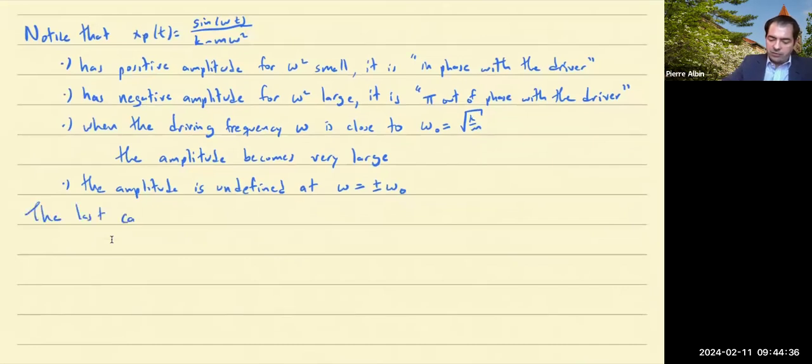So this last case is a phenomenon called resonance. Generally speaking, we use the word resonance when the vibration of one object causes another object to vibrate at higher amplitude. Resonance can be good.